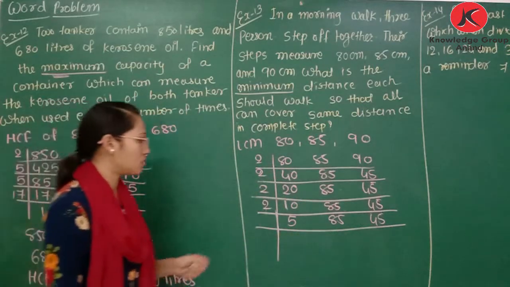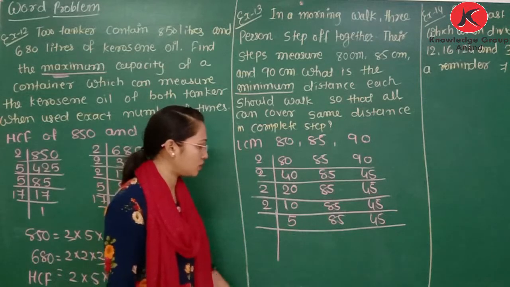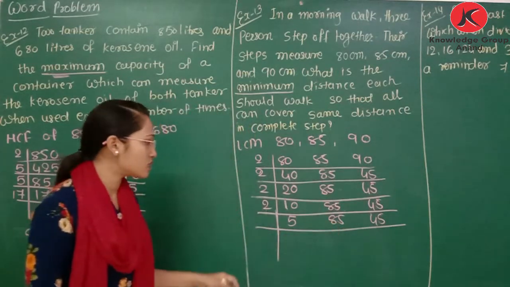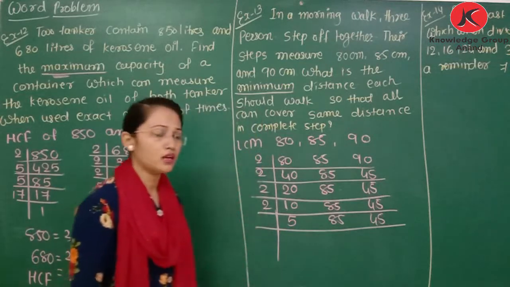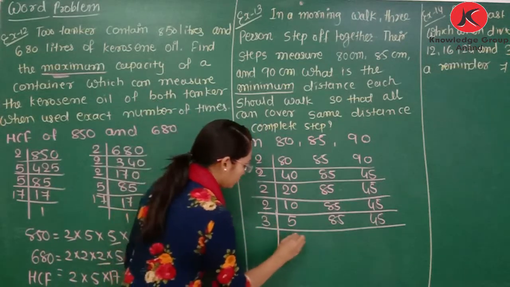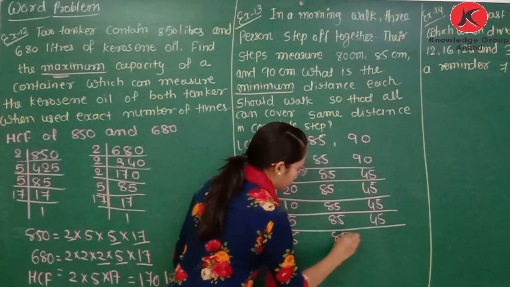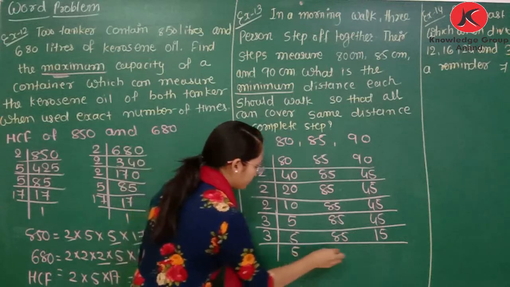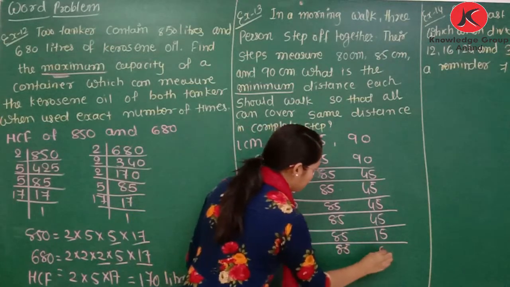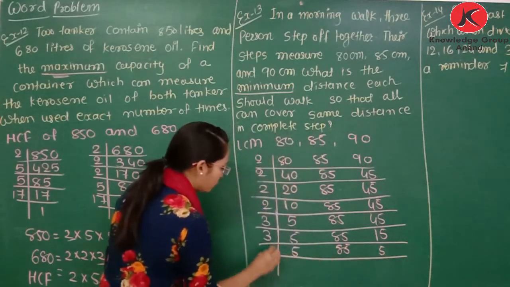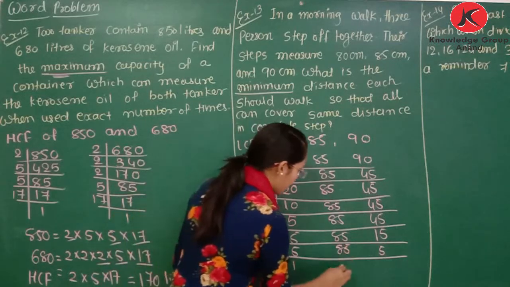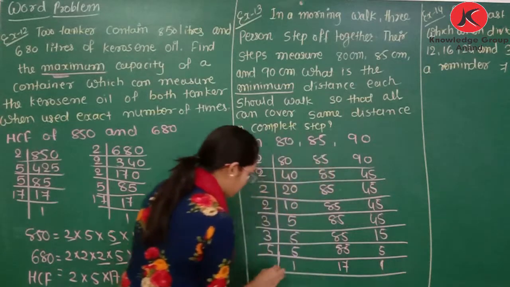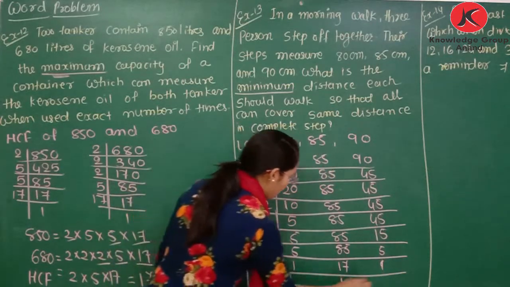So check with 3. Is there any number that is divisible by 3? So 5 plus 8 is 13, so it is not divisible by 3, but 45 is divisible by 3. Again 15 is divisible by 3. Now 5. 5 ones are 5, 1, 1, 1.